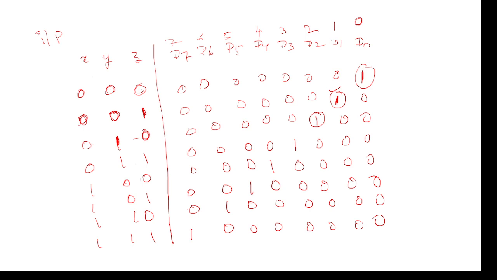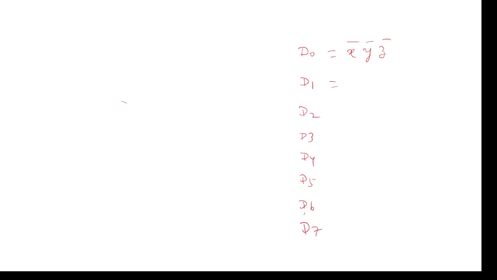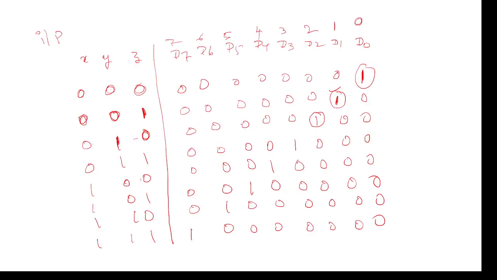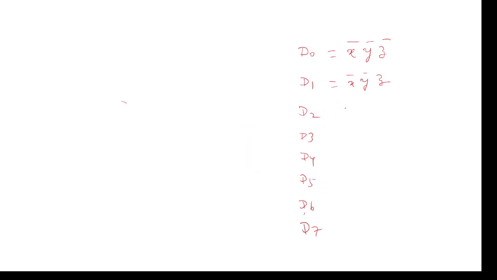D1 is high at X bar, Y bar, and 1 means Z, so X bar, Y bar, Z. Similarly, D2 is high at 0, 1, 0, where 0 means X bar, 1 means Y, and Z bar.